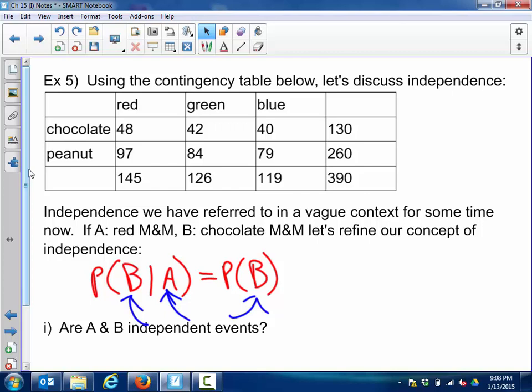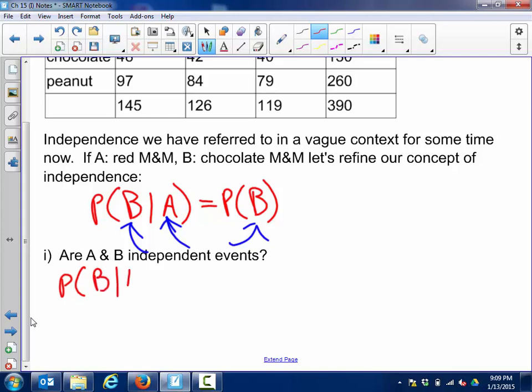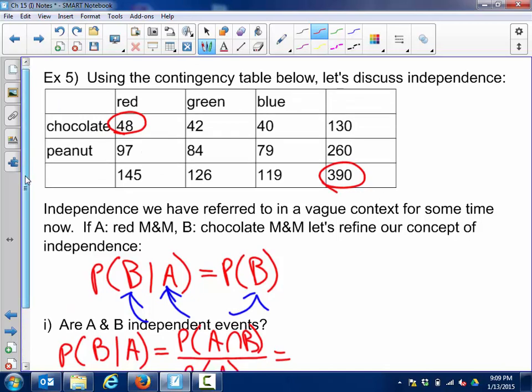So in this last example that we're going to look at together, let's determine if A and B are truly independent events, that red and chocolate M&Ms are truly independent. Well, the probability of B given A, chocolate given a red M&M, we know from two slides ago, is A intersect B, that they both occur, divided by the probability that you have a red M&M.